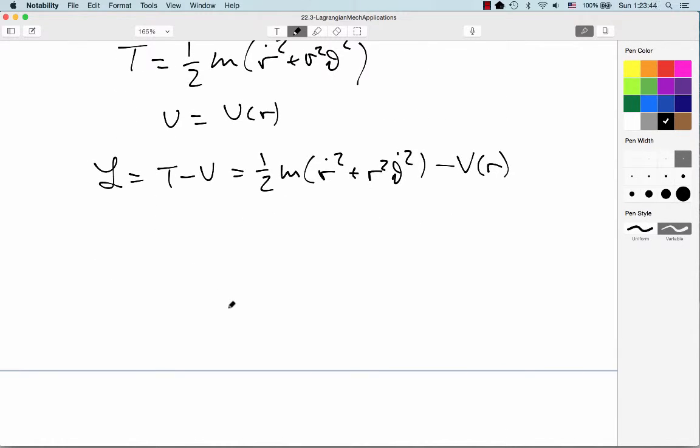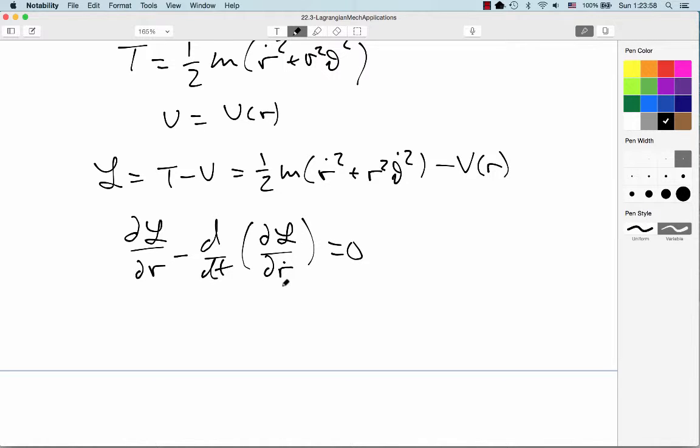All right, so we'll have two equations of motion. The first one will be partial L partial r minus d dt of partial L partial r dot equals 0. All right, so the partial L partial r bit here. We've got two terms that contribute.